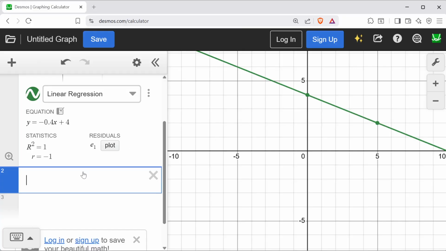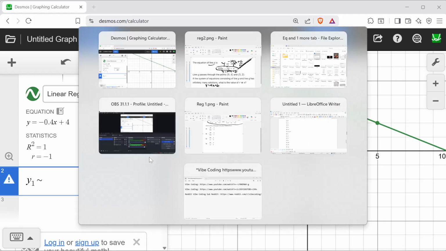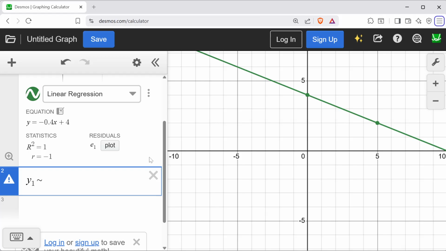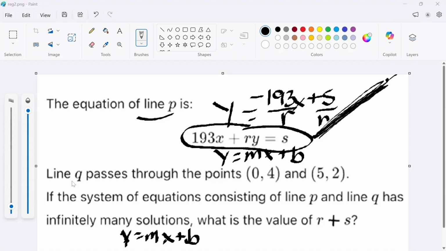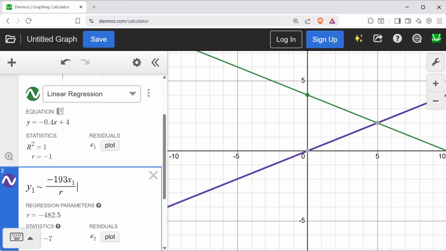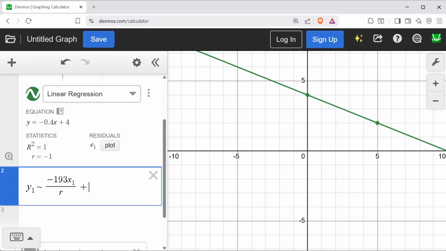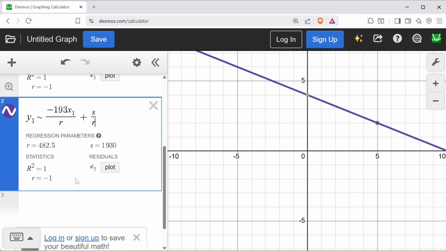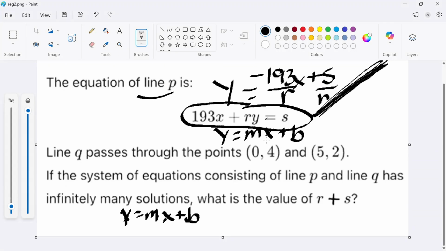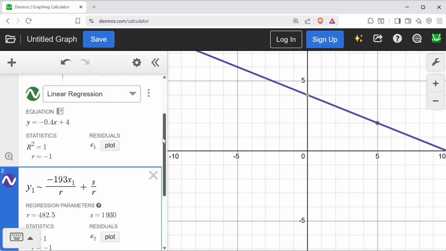Well, I'd have to put this into that other format. y sub 1 equals negative 193 x sub 1 divided by r, and then plus s divided by r, and I get the same values that I got before. So I have to know what to do with a little bit of this, but I can use Desmos to get the answer very quickly.